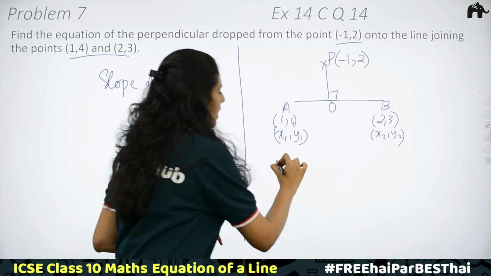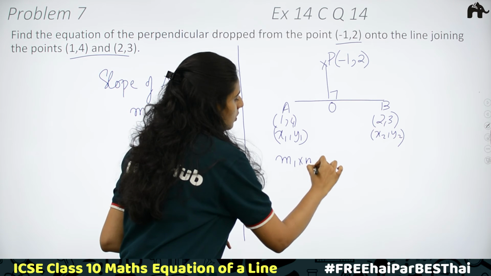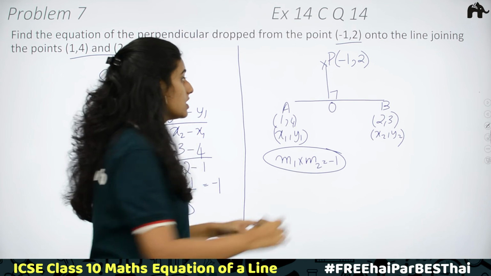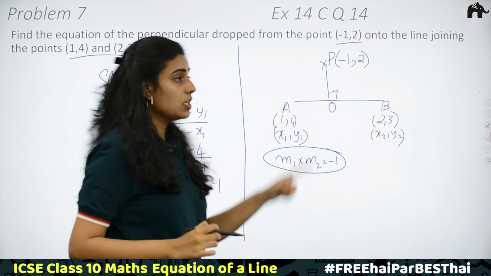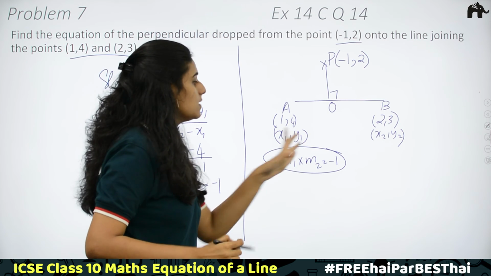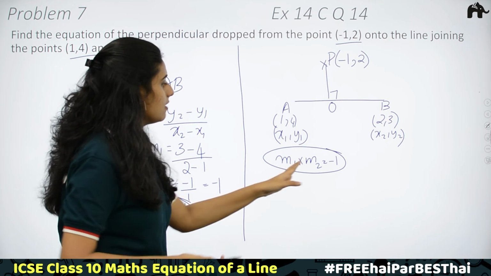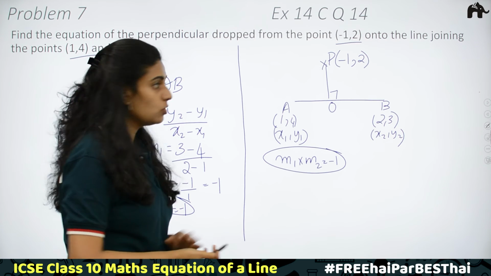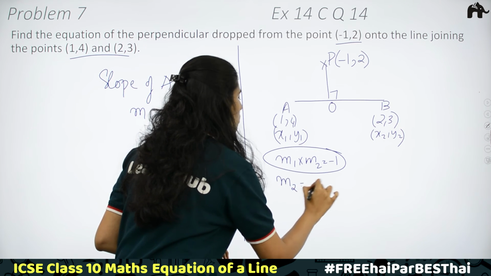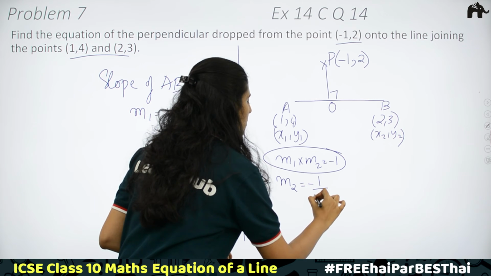We have m1 into m2 is equal to minus 1. What is m2? m2 is the slope of the perpendicular. So, the slope of the line into the slope of the perpendicular will always be equal to minus 1. From this we can find m2: m2 is equal to minus 1 divided by m1.